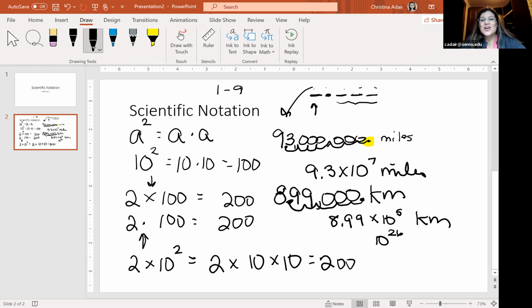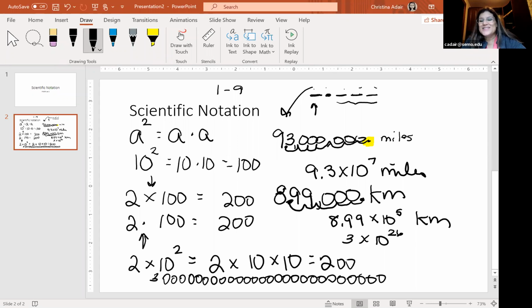Say this is 3 times 10 to the 26. That is 3 with 26 zeros behind it. 1, 2, 3, 4, 5, 6, 7, 8, 9, 10, 11, 12, 13, 14, 15, 16, 17, 18, 19, 20, 21, 22, 23, 24, 25, 26.